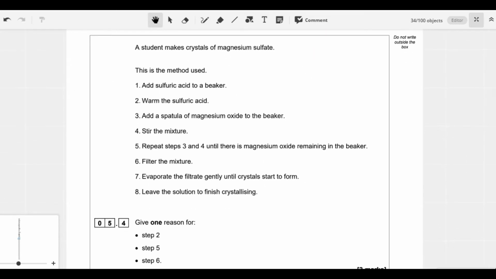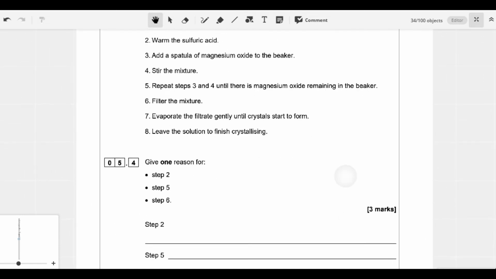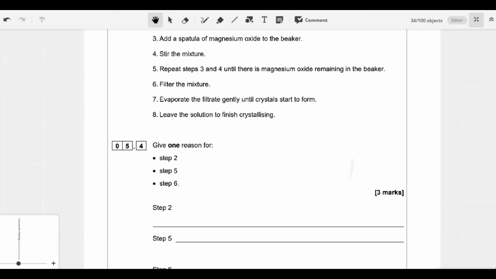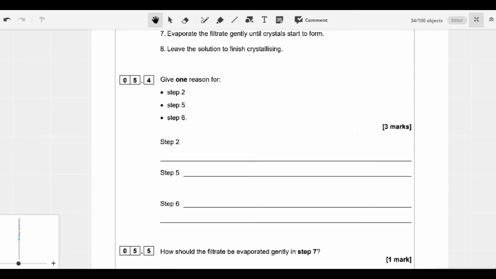Next question is, a student makes crystals of magnesium sulfate. Here the complete method is mentioned. Give one reason for step 2, step 5 and step 6. Step 2 is warm the sulfuric acid. Step 5 is repeat step 3 and 4 until there is magnesium oxide remaining in the beaker. And step 6 is filter the mixture.